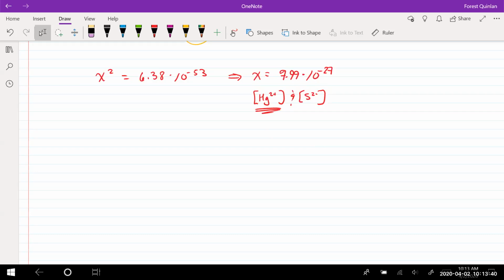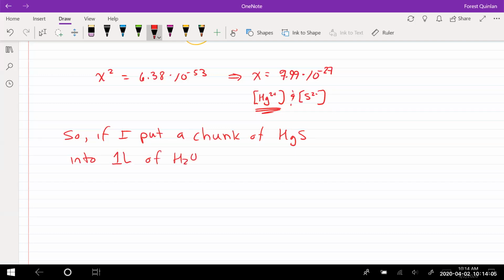How much breaks apart? How much dissolves?